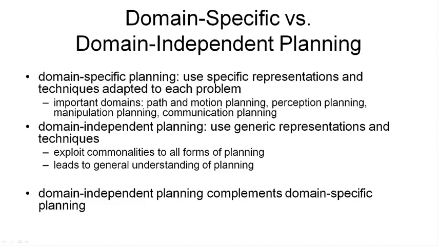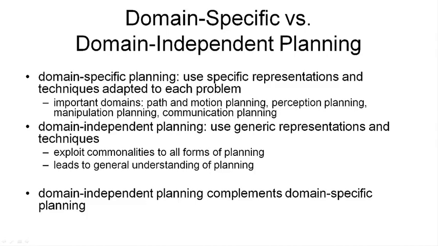Manipulation planning is another such problem where we are trying to, for example, assemble an object from different parts, and that needs to happen in a specific order for it to work. Also, natural language generation uses highly specific algorithms for planning, namely the planning of utterances that lead to communicating a given subject. The point is, in all these domains, we have specific algorithms that we use to efficiently solve a specific problem.